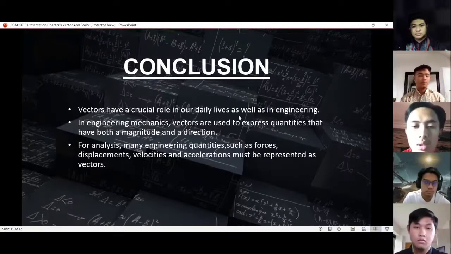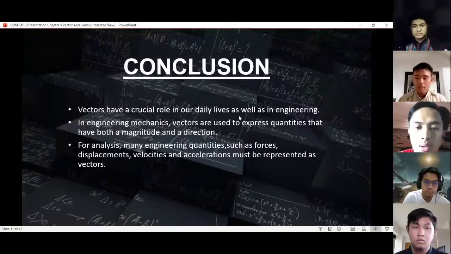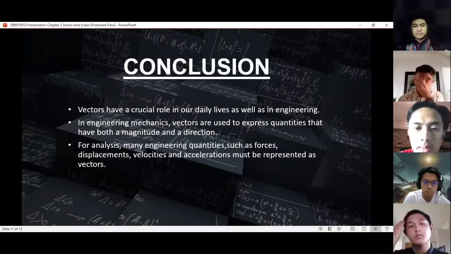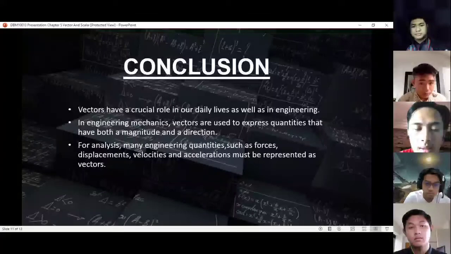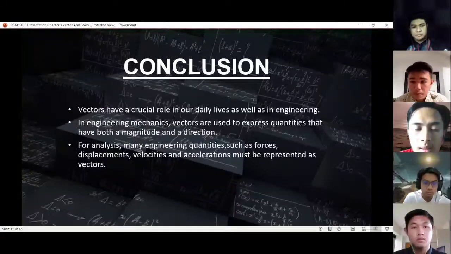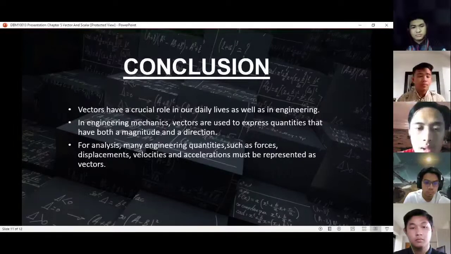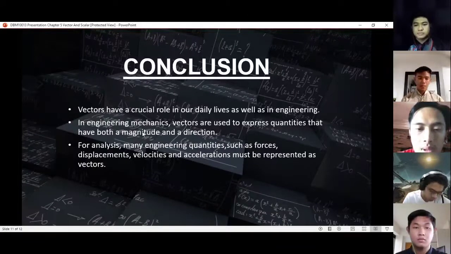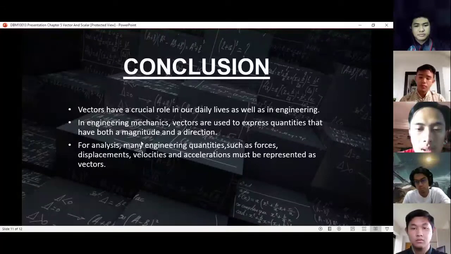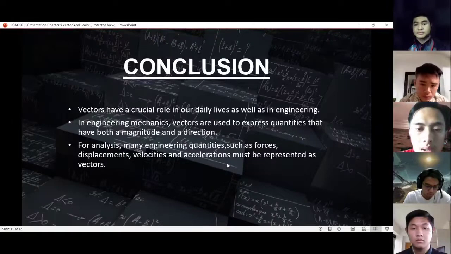For the conclusion, vectors have a crucial role in our daily life as well as in mechanical engineering. Vectors are used to express quantities that have both a magnitude and direction. Many engineering quantities such as force, displacement, velocity, and acceleration are represented as vectors.